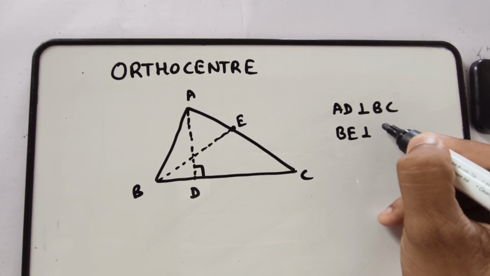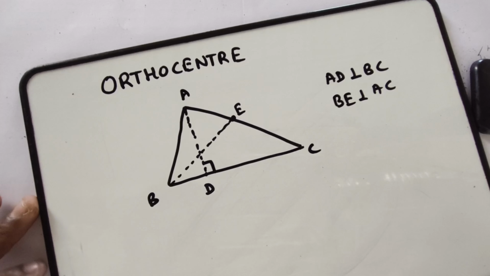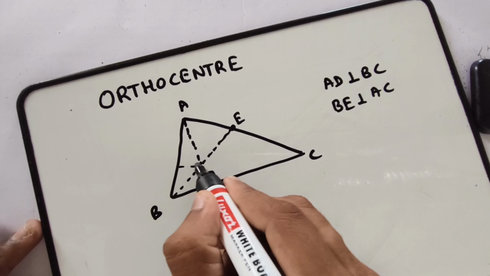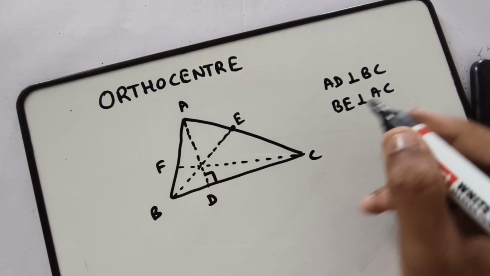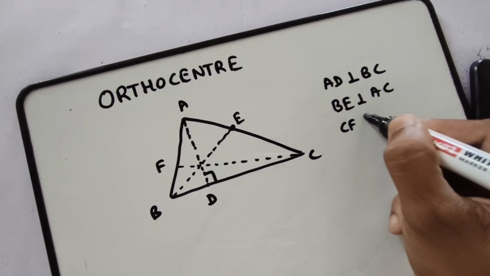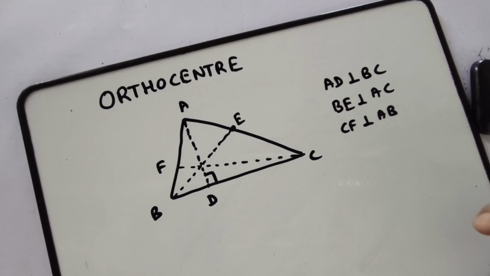BE is perpendicular to AC. Similarly, I'll draw one more line perpendicular to AB, passing through C. That is CF is perpendicular to AB.